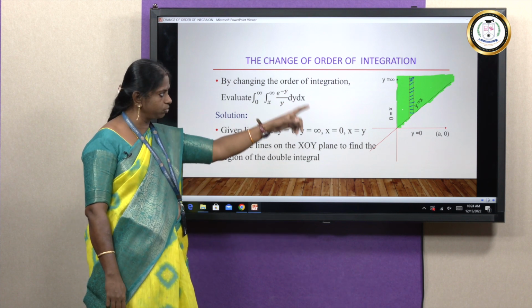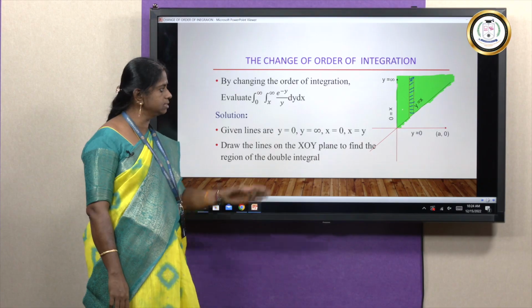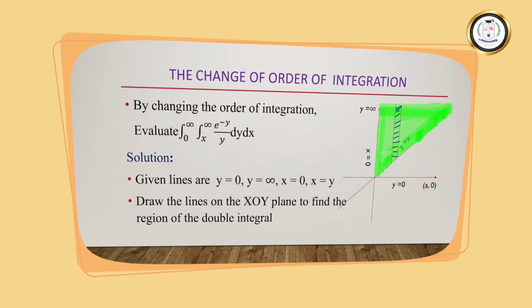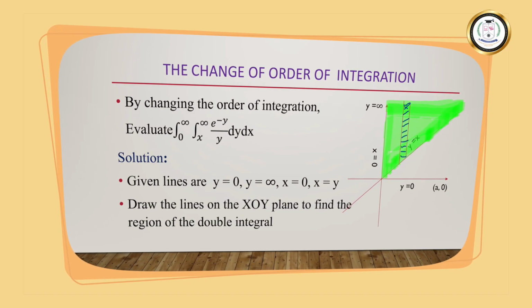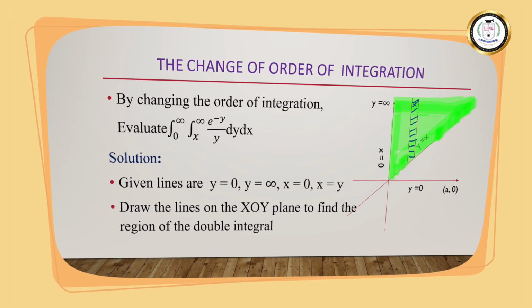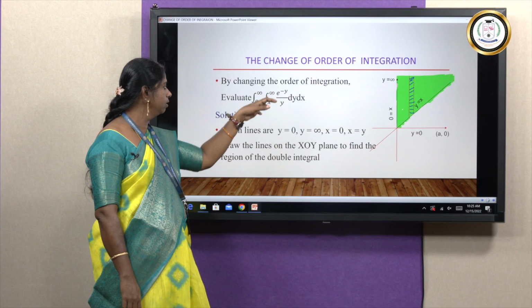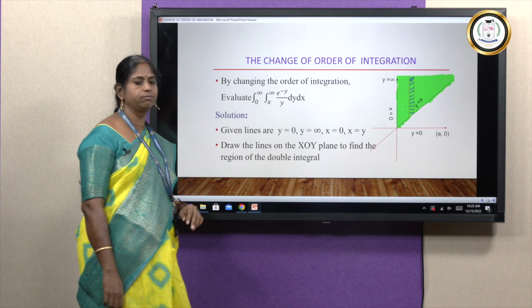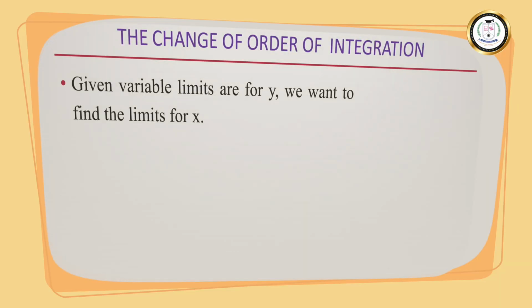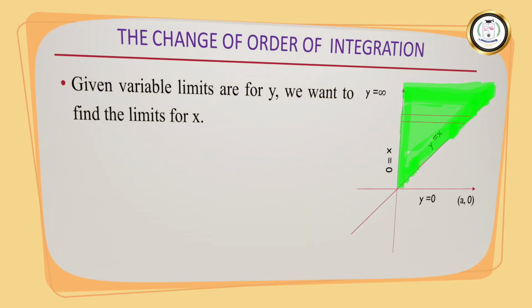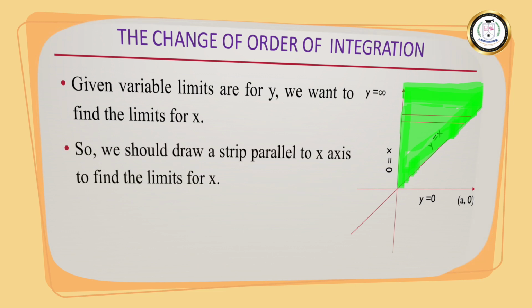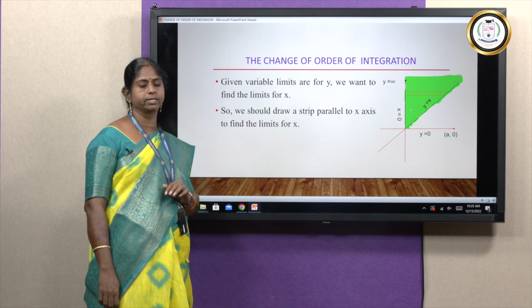So yes, I have drawn the strip parallel to the y axis, and see where the lower and the top touch. It touches y is equal to x and y equal to infinity. So that's how the limit for y is given. So now I am going to change the order of integration. For that we have to draw a strip parallel to the x axis.